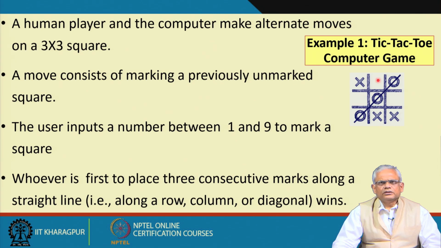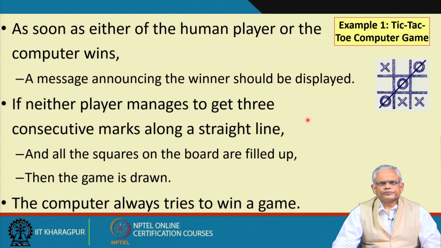But if all the squares on the board are filled up and nobody wins, then the game is drawn. So, that is the game. I hope that many of you would have played such games, and the statement of that is written down here. You can read it, but I am not reading it. I just briefly explained this game.